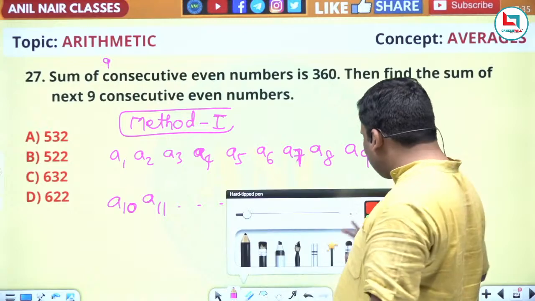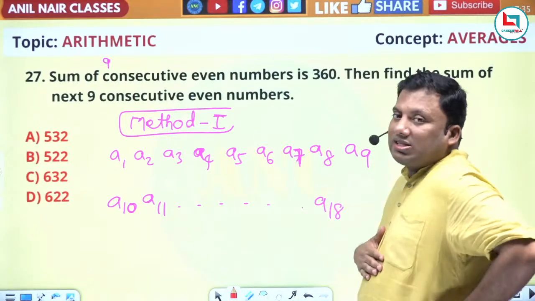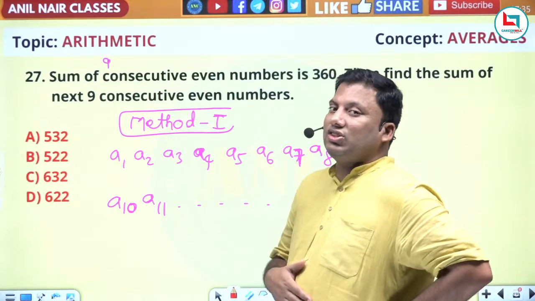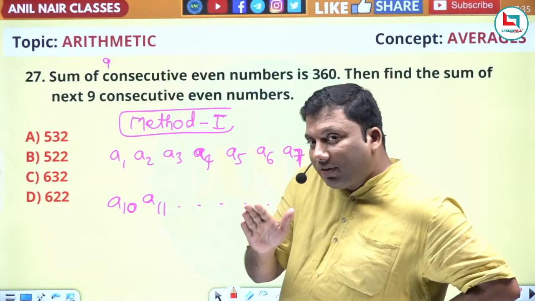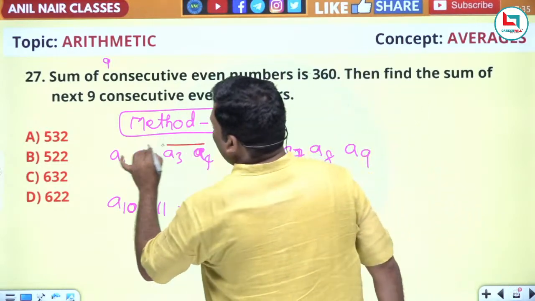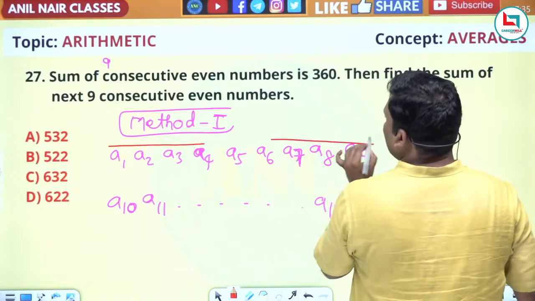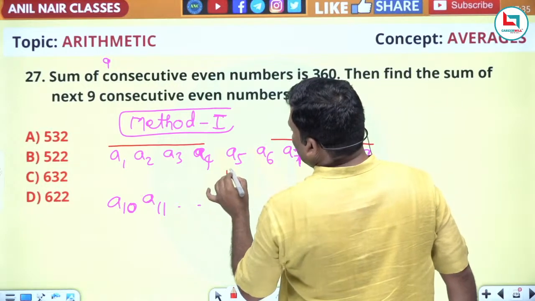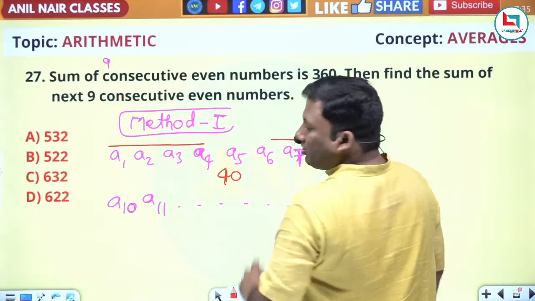What is the first step? The sum of 9 numbers is 360. 4 to the left, 4 to the right. Middle value is 40.